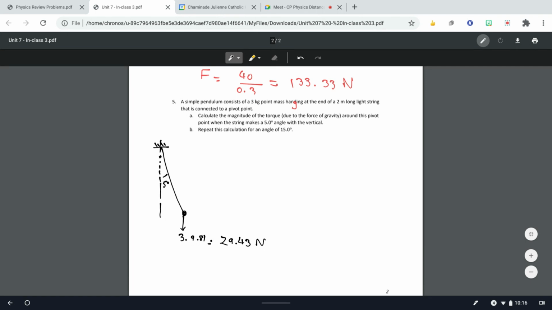The good thing about vectors, if you recall, is that you can translate them. So I can move this force over here, and by trigonometric properties, this angle is also 5 degrees. What are the forces acting on this?